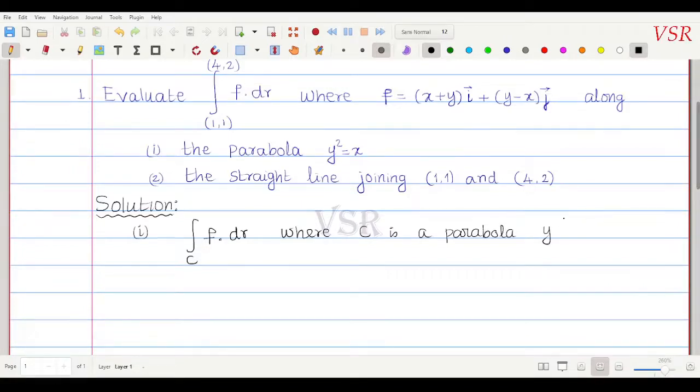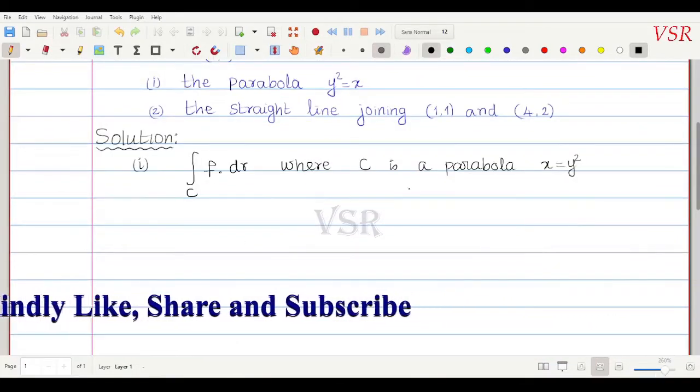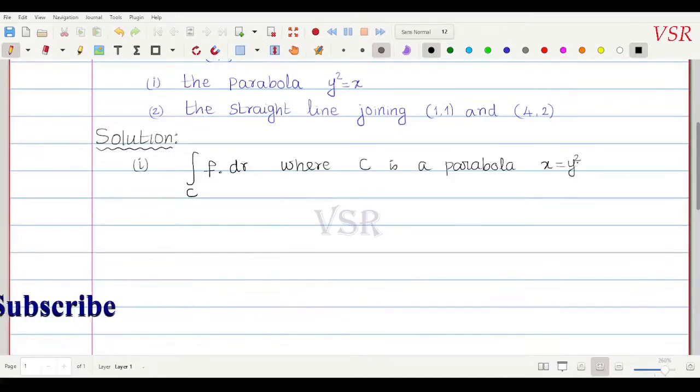Otherwise I may write it this way: x is equal to y square, joining (1, 1) to (4, 2). So first let me write the parametric representation. If I take t in place of y, then x becomes t square.